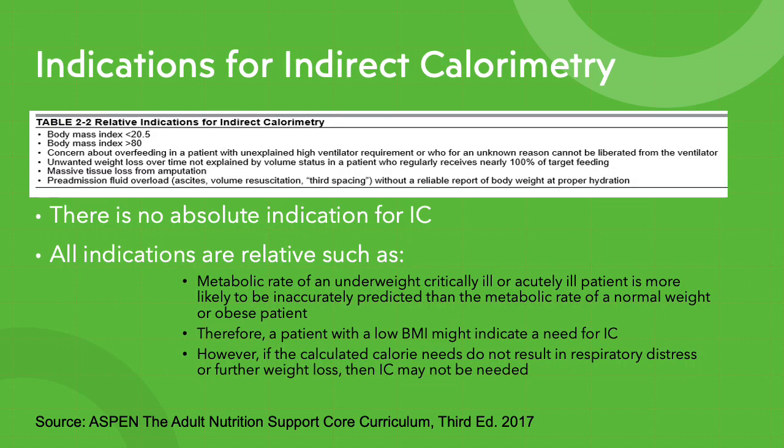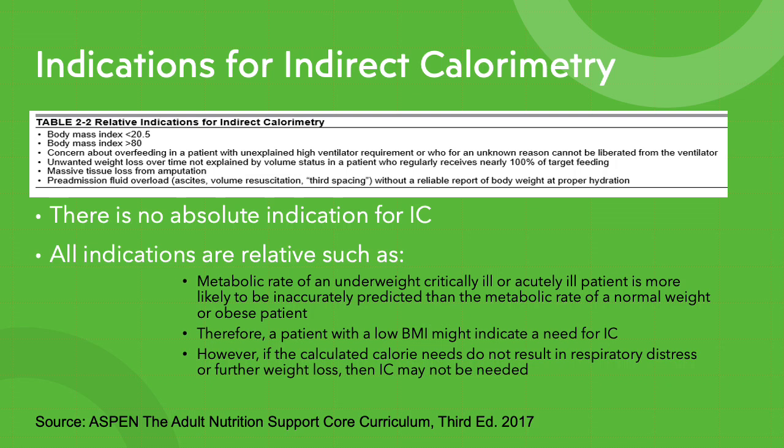So indirect calorimetry, we've all heard that that's the gold standard for determining energy needs. There's really no absolute indication for indirect calorimetry, but it might be useful for those who have a body mass index that's really low or really high.